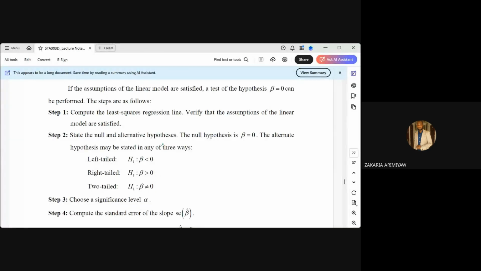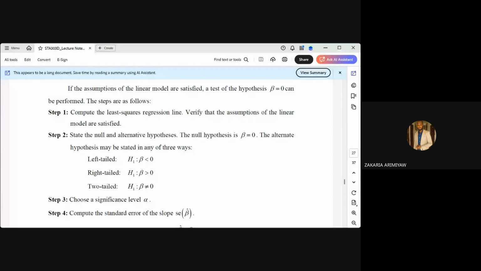When we say something is 0, it simply means it is not significant. So instead of saying beta equal to 0, these are other ways you can state it: there is no relationship between x and y; the predictor variable x is not significant.